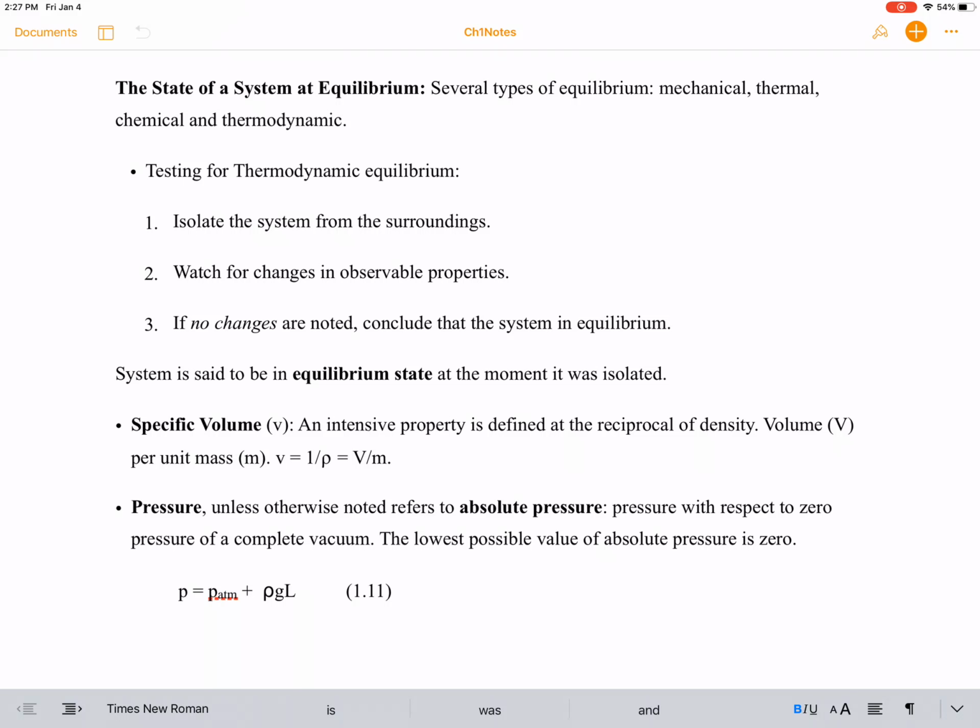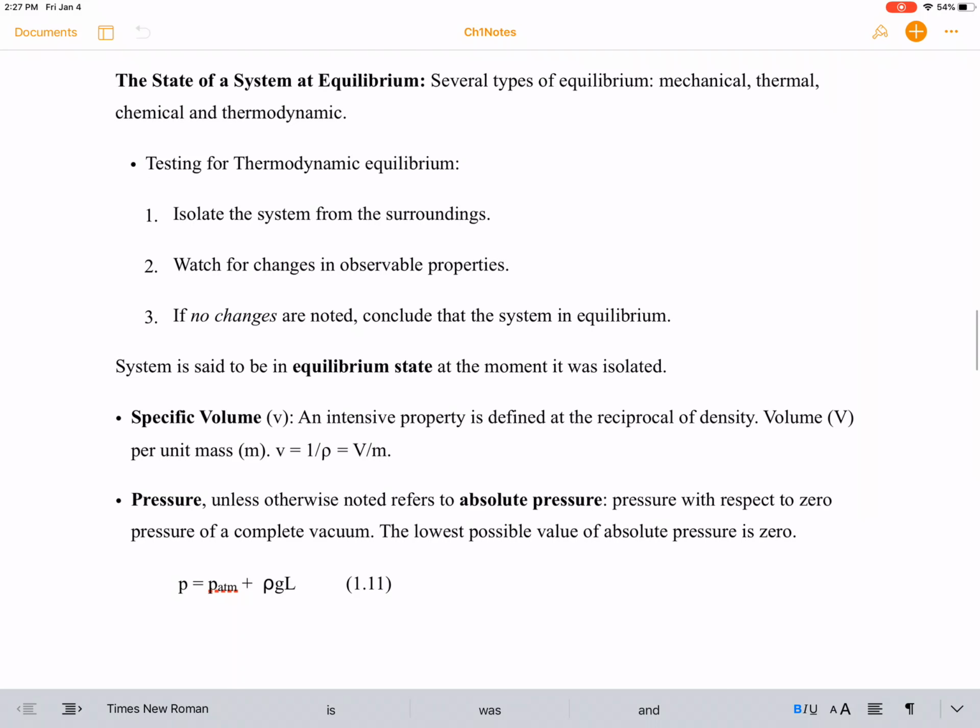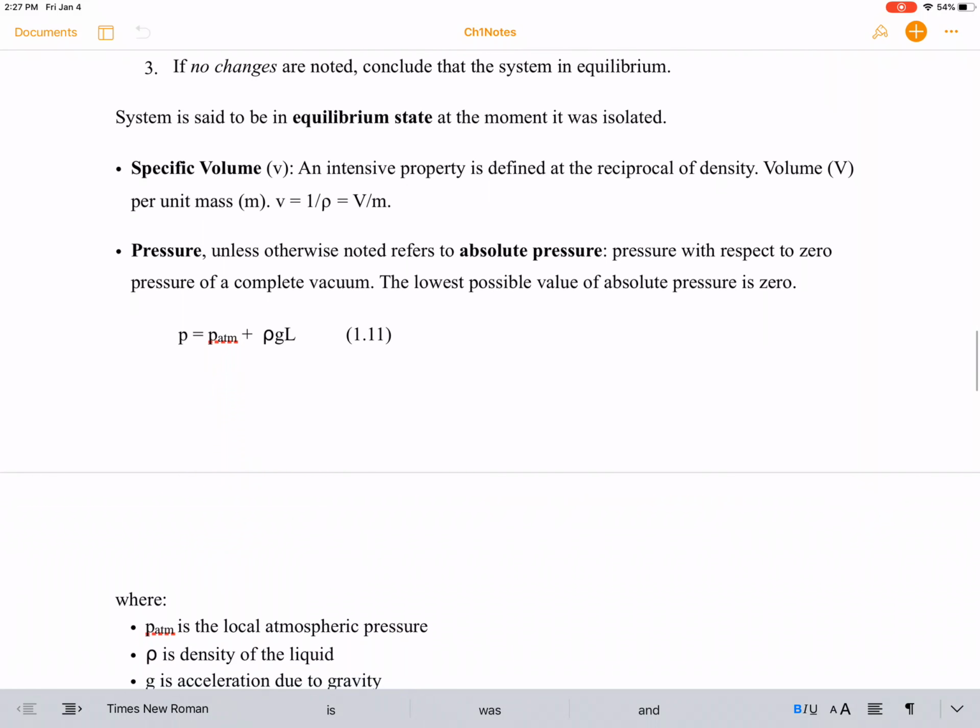So we take our system, we isolate it, and then we watch for any observable changes in properties. If there is no change noted, we conclude that the system is in equilibrium, or was in equilibrium at the time we isolated it. So if our temperature doesn't change, if our volume isn't changing, if our mass isn't changing, and so on, then we conclude that it is in the equilibrium state at the moment it was isolated.